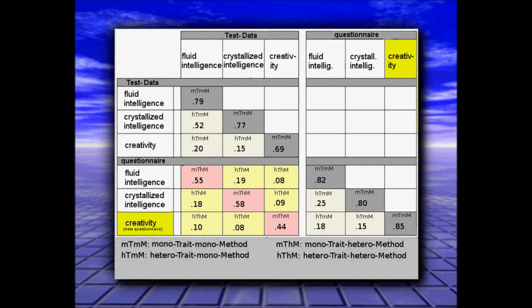Another indicator for discriminant validity are the so-called heterotrait-heteromethod correlations, which you can see in the bright yellow triangles. And in these areas of the matrix, you want to have the lowest correlations because you don't want to have correlations between different traits measured by different methods. This would be quite problematic.